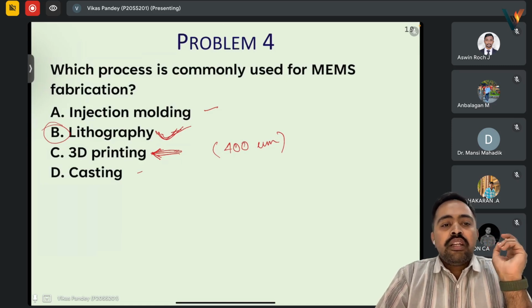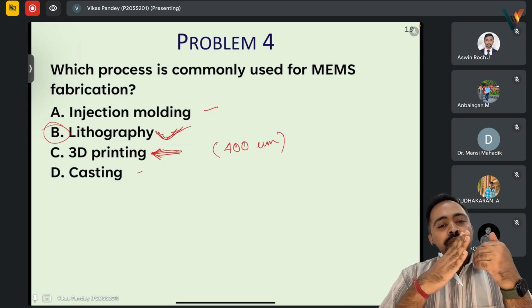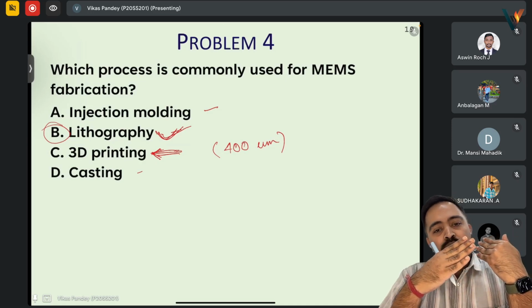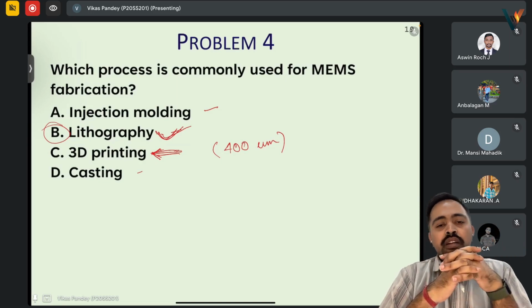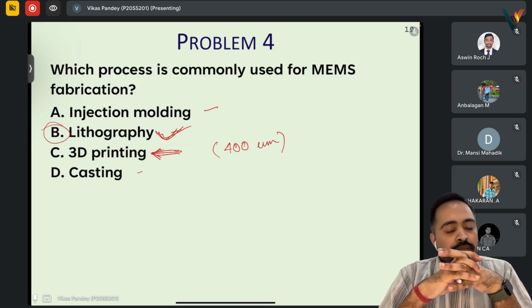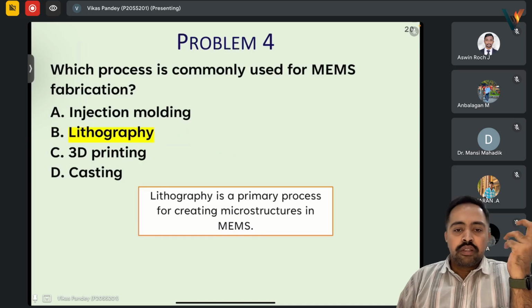When we are moving from macro to micro, the transition part at present we are able to do using some 3D printing techniques, but the resolution is still not that good. That's why lithography is still the primary process for creating microstructures.